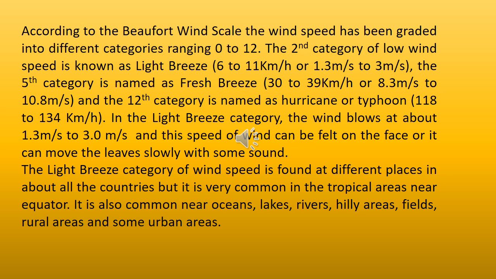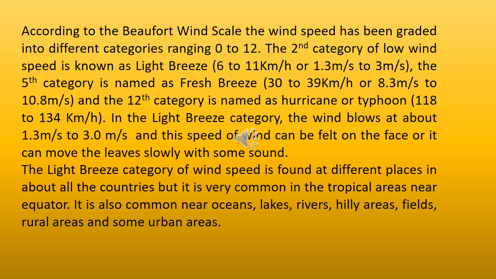The fifth category is named the fresh breeze, 30 km to 39 km per hour, or 8.3 meter per second to 10.8 meter per second. And the 12th category is named the hurricane or typhoon, which is 118 to 134 km per hour.